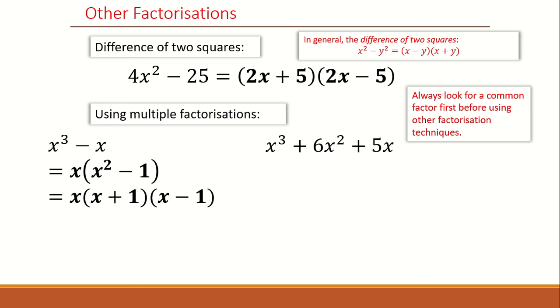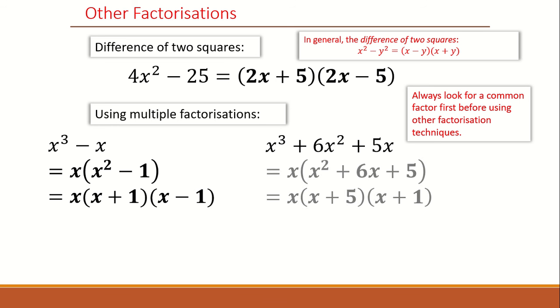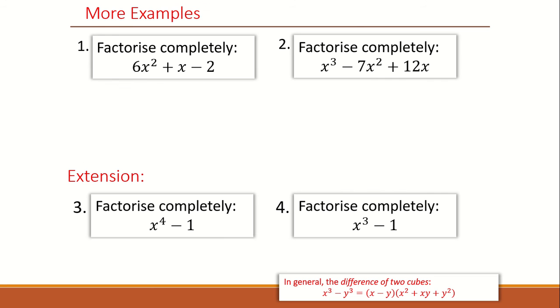Finally, factorise out an x as it's the only common term in this expression, and you should get x times x squared plus 6x plus 5 in its brackets, and factorise the bracket to get x plus 5 and x plus 1.